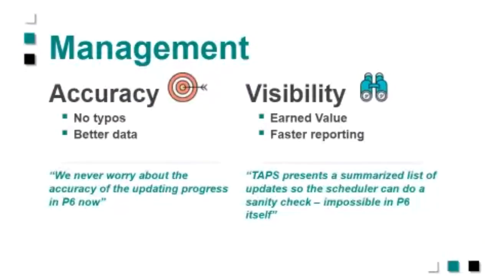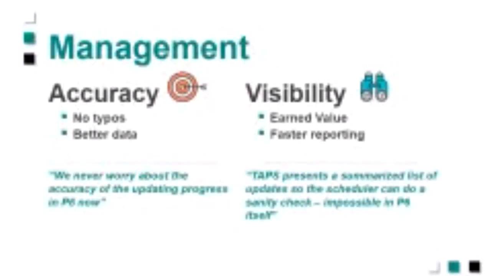TAPS, of course, is more accurate. You don't have to worry about someone mistyping an activity ID when they're searching and clicking into something wrong and updating the wrong activity. You get better information because you're not having that keying risk that somebody's going to fat finger something and not get it in properly.